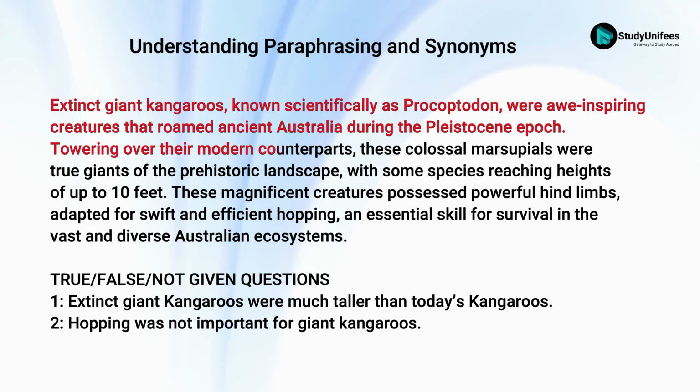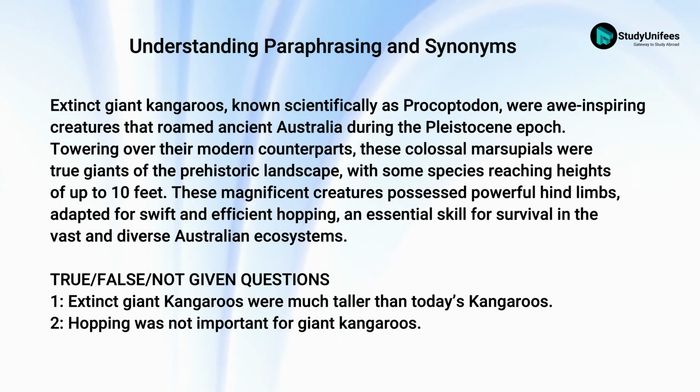Towering over their modern counterparts, these colossal marsupials were true giants of the prehistoric landscape, with some species reaching heights of up to 10 feet. The passage says, extinct giant kangaroos towered over their modern counterparts or modern kangaroos. The passage says the same thing as question 1, which says that extinct giant kangaroos were taller than today's kangaroos.